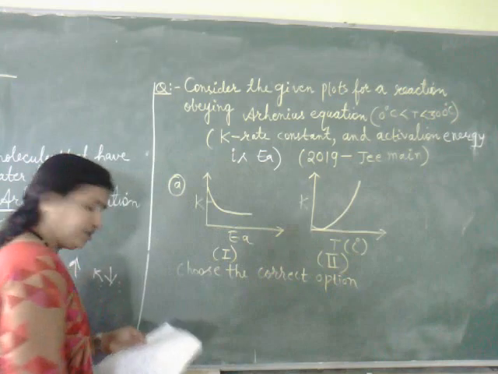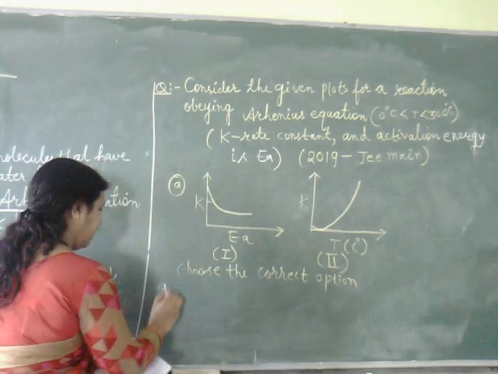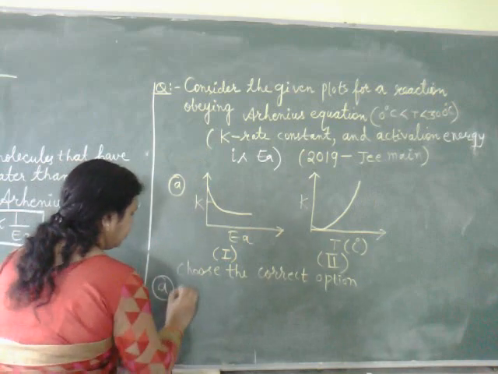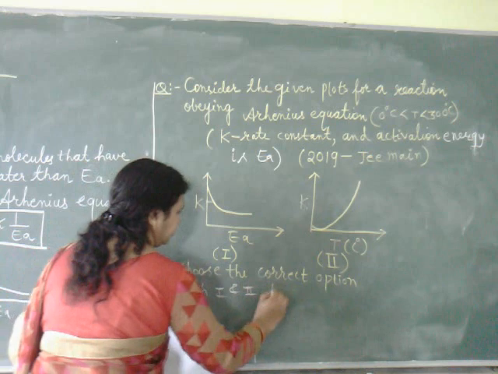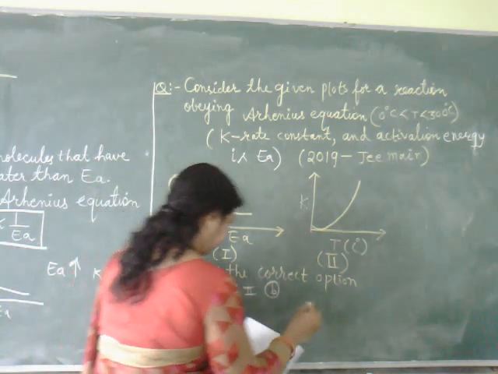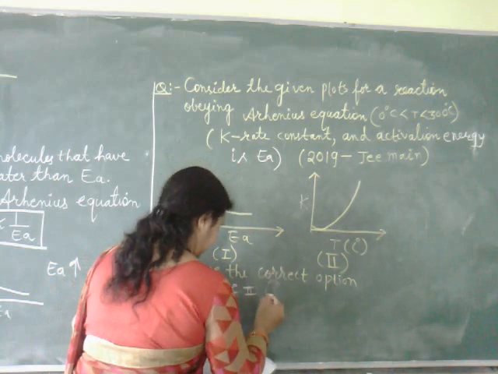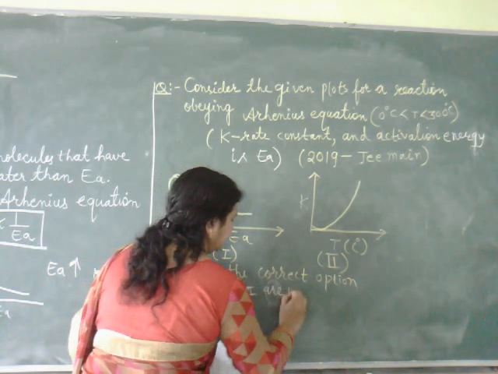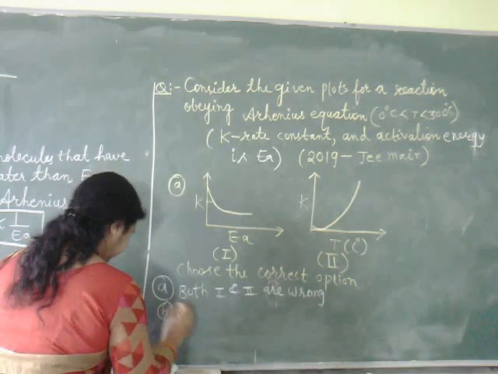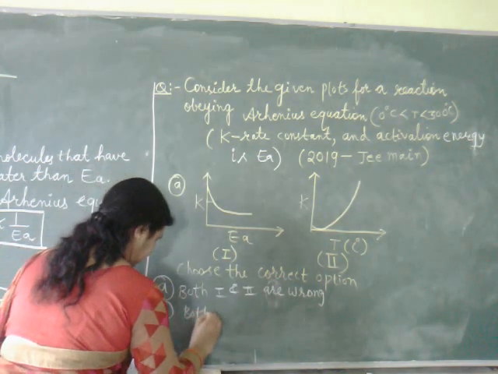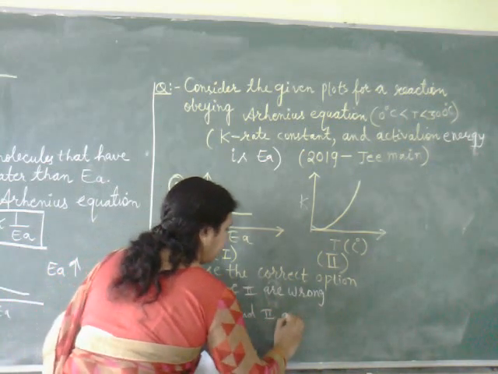Choose the correct option. Option A is both first and second are wrong. Option B is both first and second are correct.